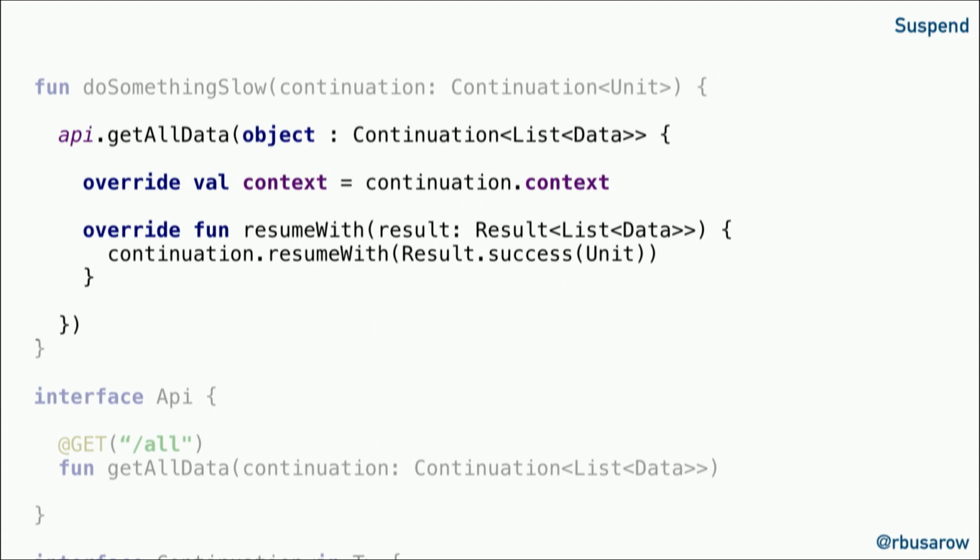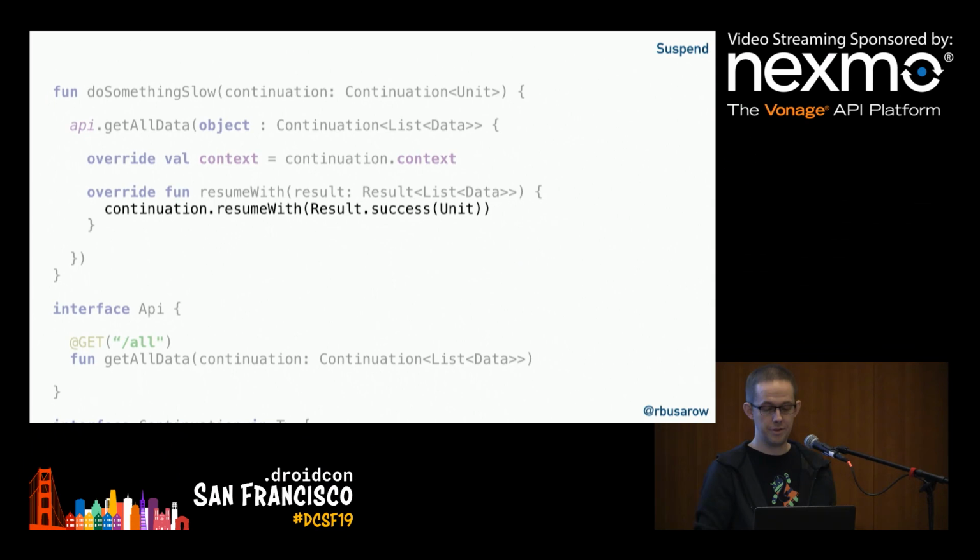So this coroutine context needs to be passed down as far as the suspend functions go. So we're continuing that by passing it down into getAllData. And then in the resumeWith for the getAllData callback, we're simply going to invoke our own continuation resumeWith Unit. And that will inform whichever function is calling this one that our work has completed asynchronously without blocking threads.